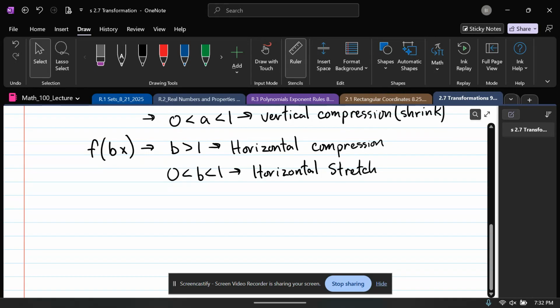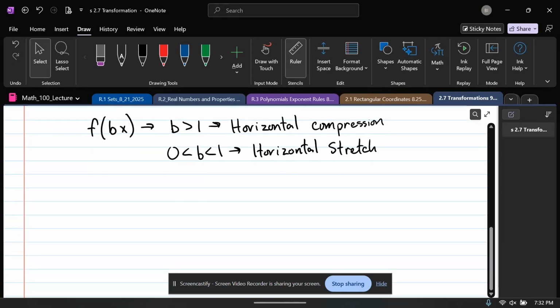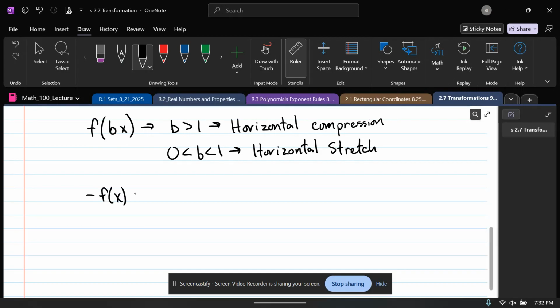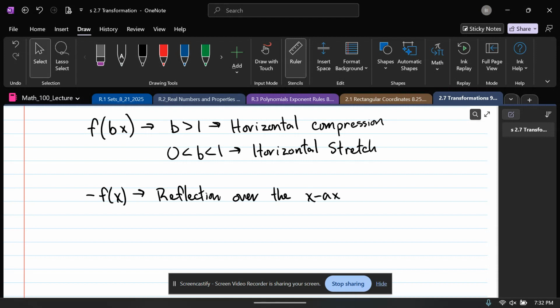Okay. Next transformation is reflections. So if you have a negative on the outside of the function, that is a reflection over the x-axis. If you flip something like this line, this ruler is the x-axis.